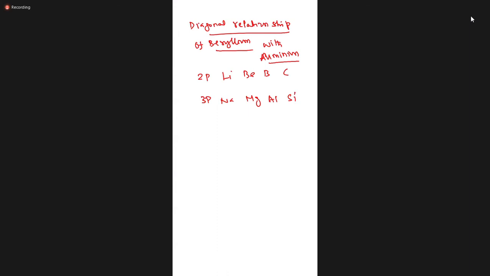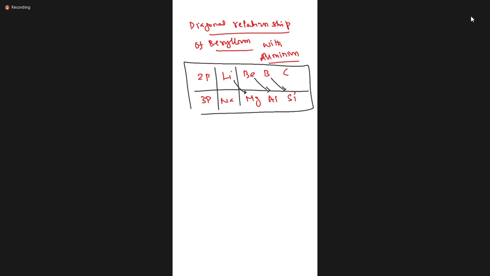I already told you lithium has a similar property with magnesium. Even beryllium has a similar property with aluminium. Boron has a similar property with silicon. After this, there is no diagonal relationship. That's the reason it exhibits this: the polarizing power of Be2+ and Al3+ is similar.